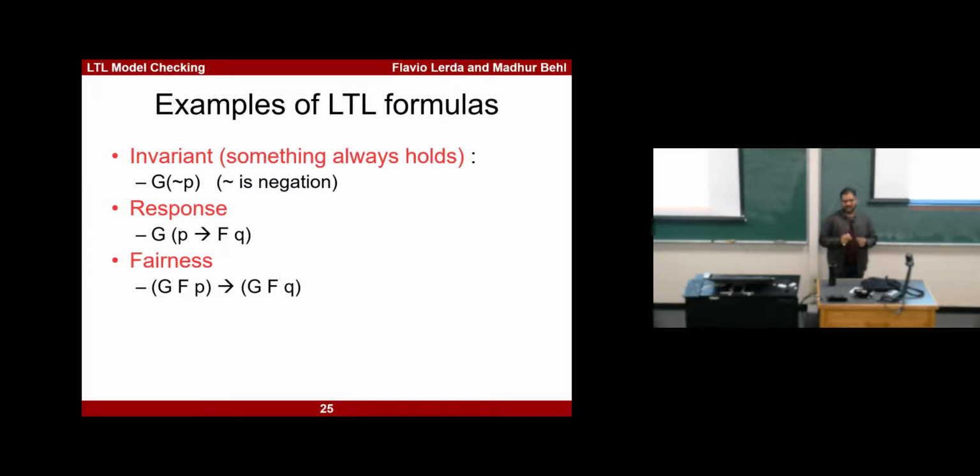In fact, I can even say they will occur equally often. GF P implies GF Q is the same as saying that both P and Q occur equally infinitely often in my trace.